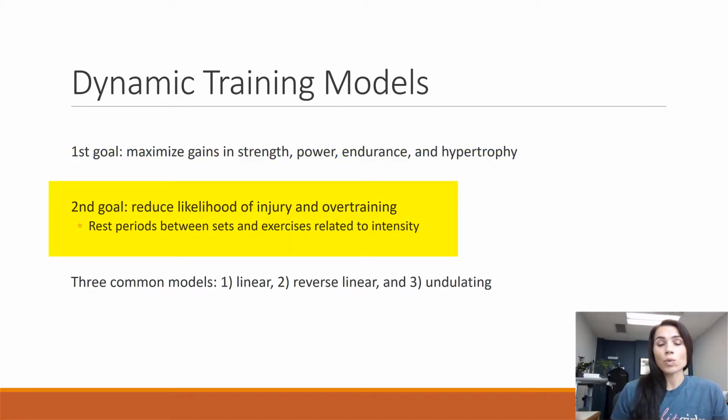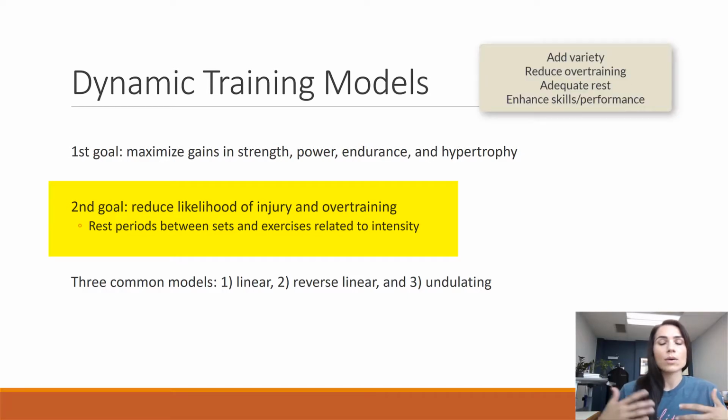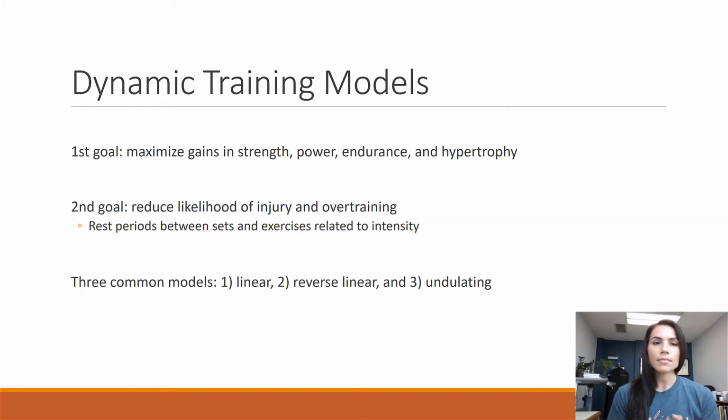So one of the biggest reasons why we include things like periodization is so that we don't overtrain our clients, that we make sure they are having adequate rest, and that we're training them in a way that's going to enhance their skills and their performance in whatever they're trying to train for. Okay, so making sure there are rest periods between those sets and exercises that are directly related to the intensity that you're using.